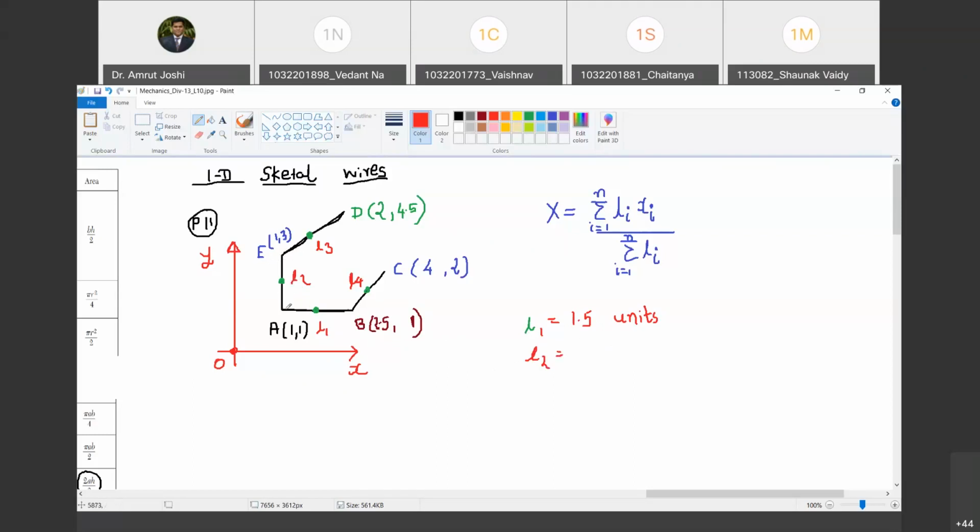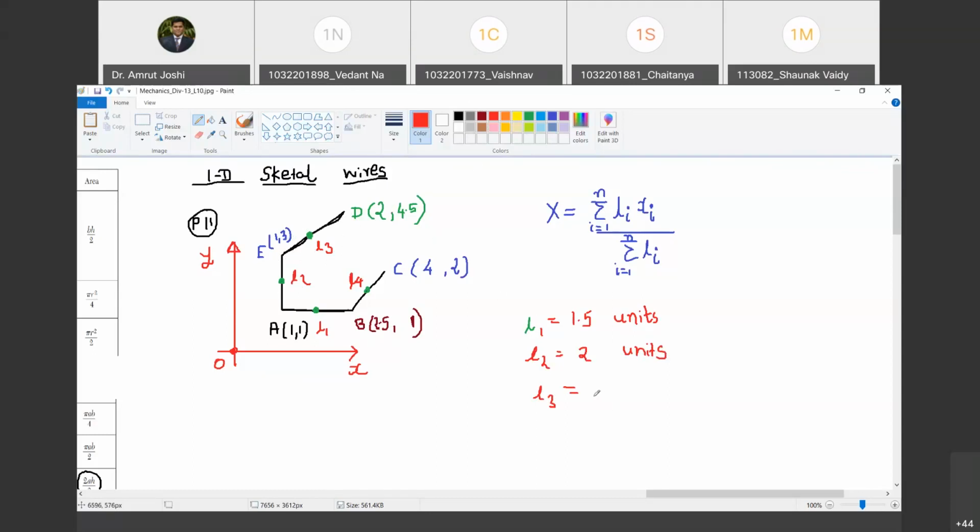L2 is also fairly easy. It is 3 minus 1, that is 2 units. Do you agree with me? Great. How much is L3? So L3 में you will see that if we complete this right angle triangle, then this vertical distance is 1 and this horizontal distance is 1.5.